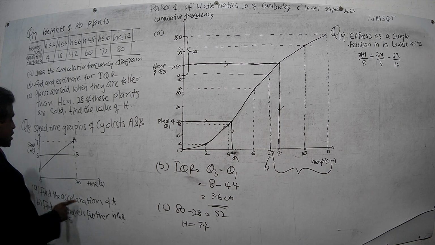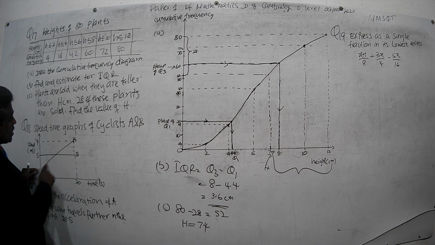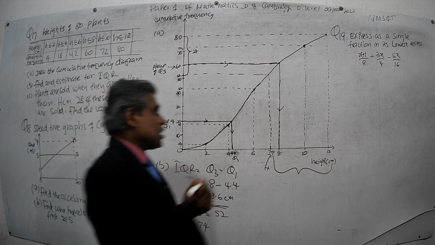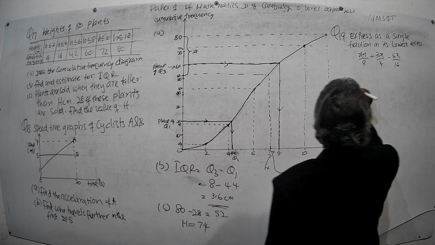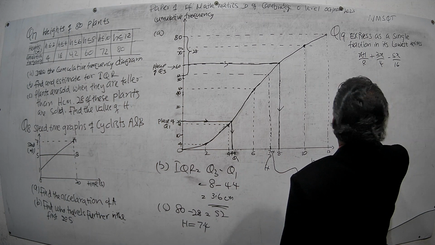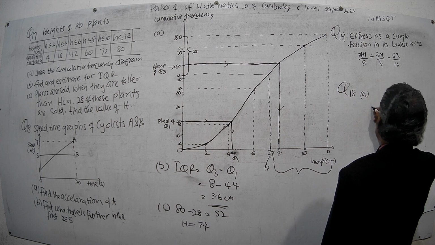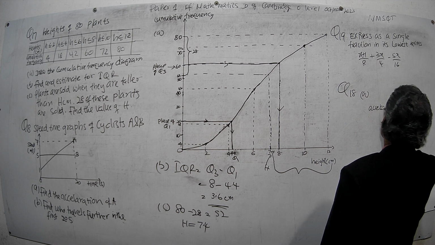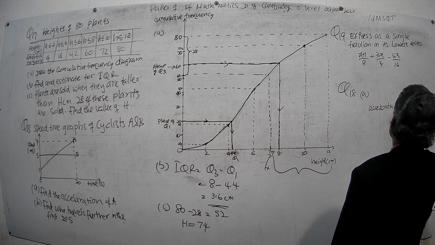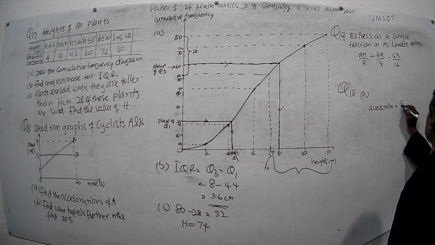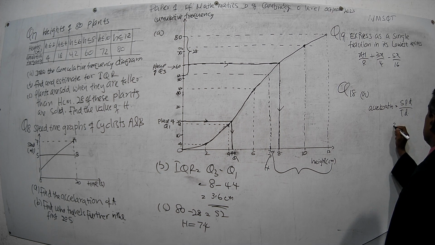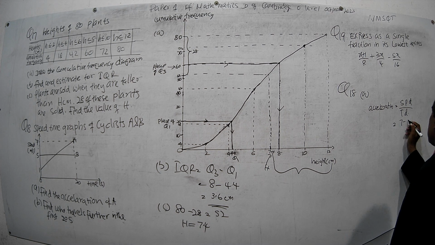Now they ask to find the acceleration. A has increased the speed from 1 to 7. Therefore, part A, you write, A has acceleration. Acceleration equals speed difference over time difference. Speed difference is 7 minus 1.